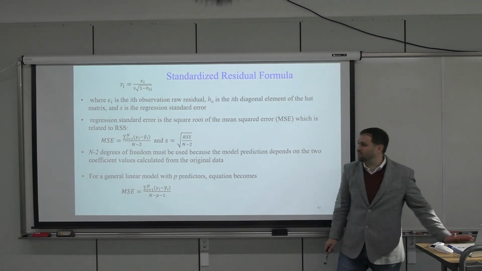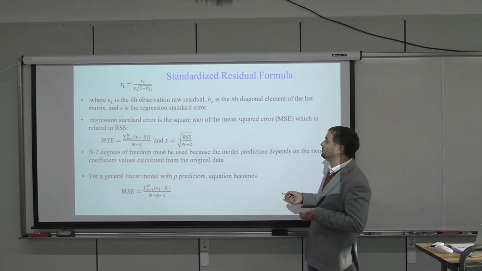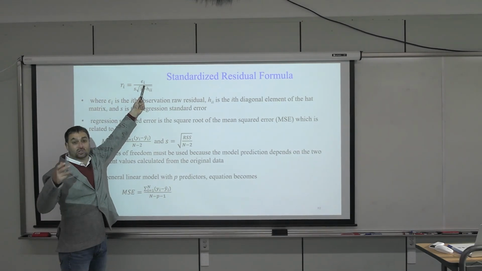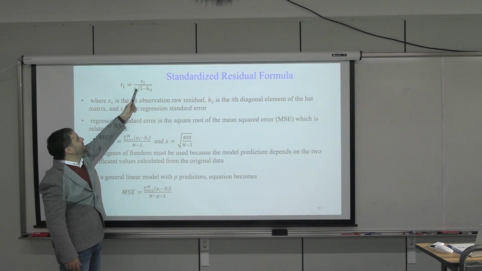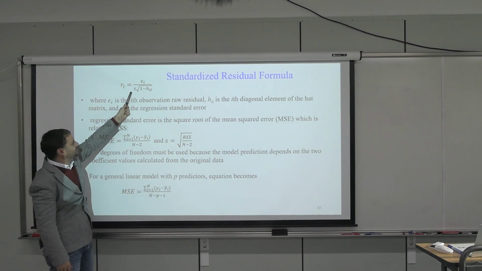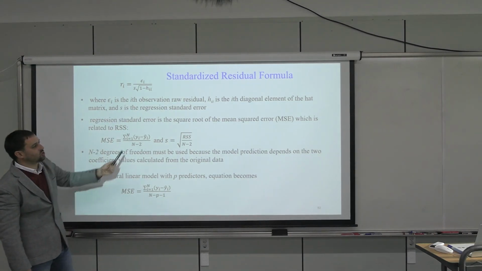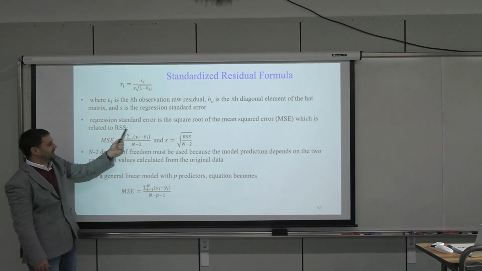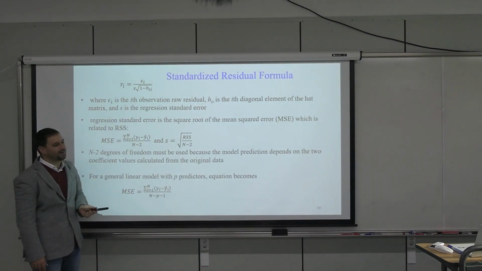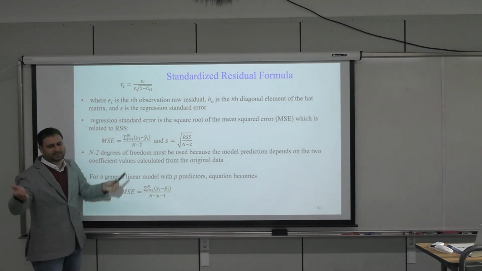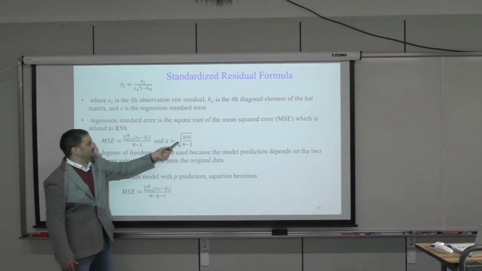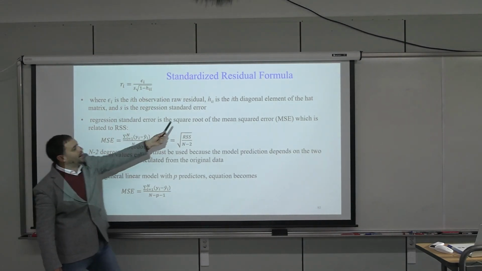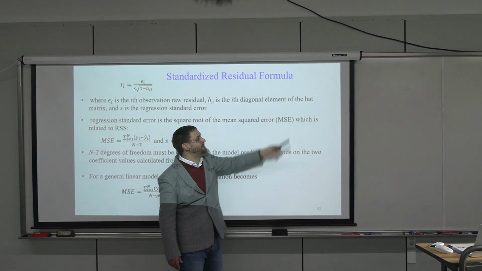There are different formulas for these standardized residuals. Here I'm using epsilon i as the actual residual. You normalize it by S, which is the square root of the mean squared error. It's kind of related to the sample variance, but we have n minus 2 degrees of freedom. Then you have 1 minus h_ii, where h_ii is the diagonal element of the hat matrix.